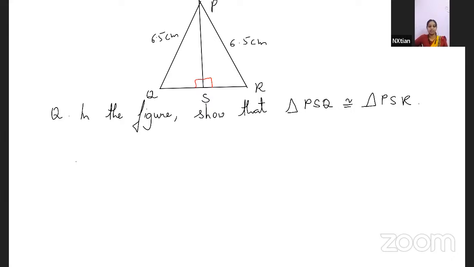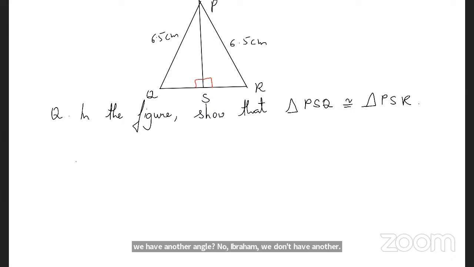Ma'am, will we have another angle? No, Abraham, we don't have another angle. We just know that they are making right angles at S. That's all we know.